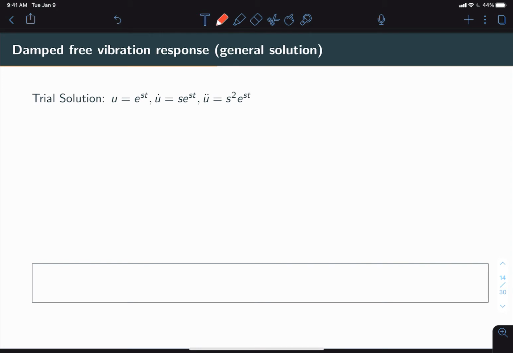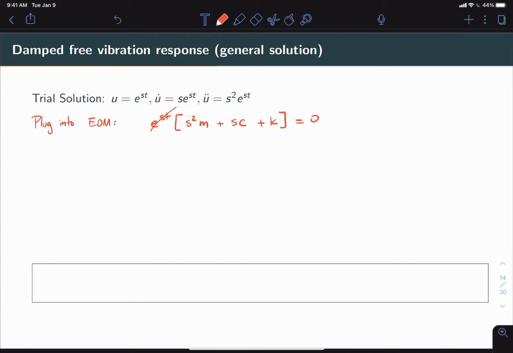Now let's obtain the general solution for this equation. We'll start with the very same trial solution that we did before, e to the st. We'll plug that into the equation of motion to get the following. Notice that the e to the st simply divides out, and so we're left with a quadratic equation in terms of s.